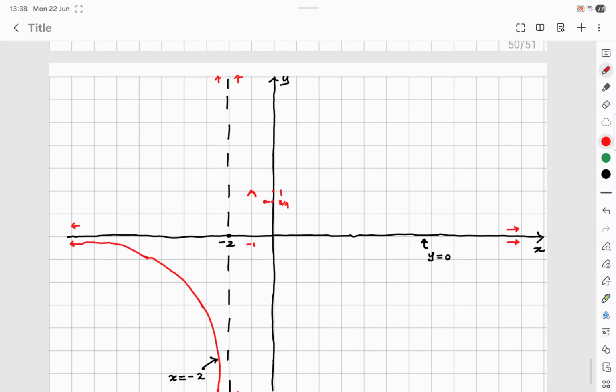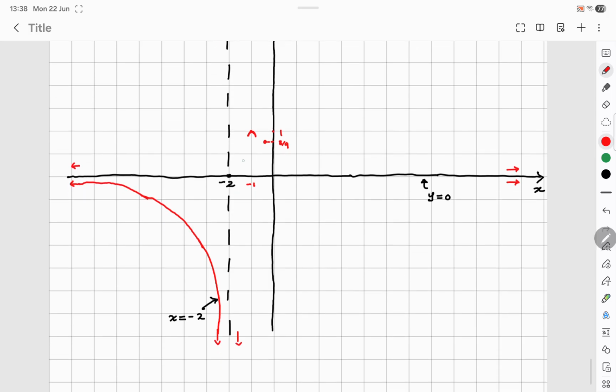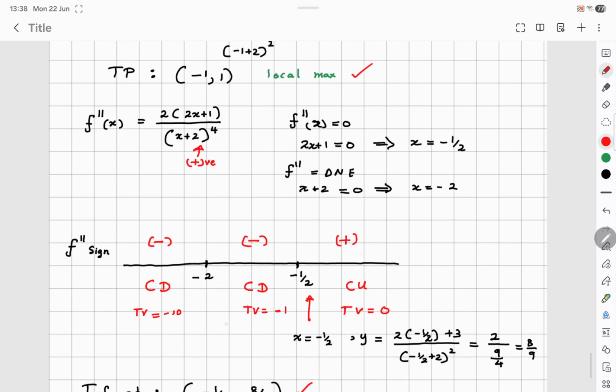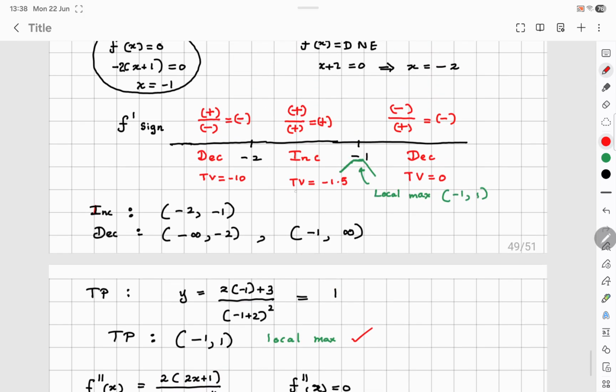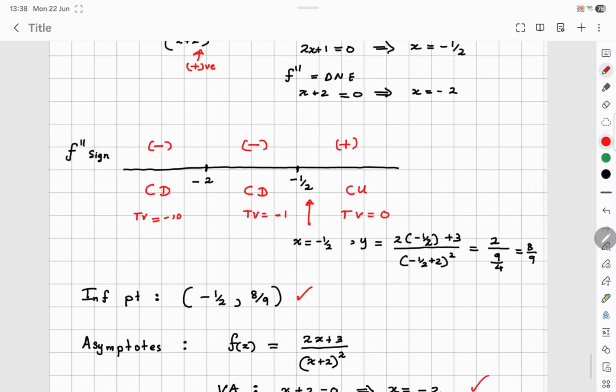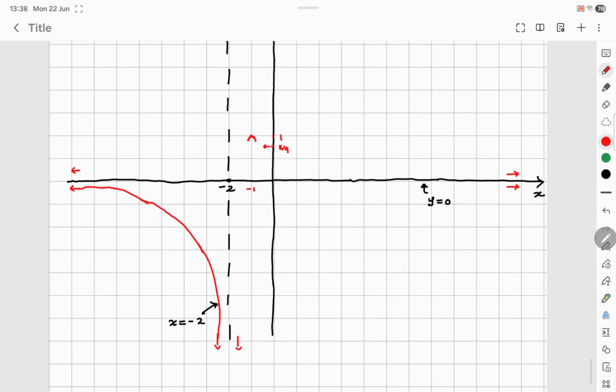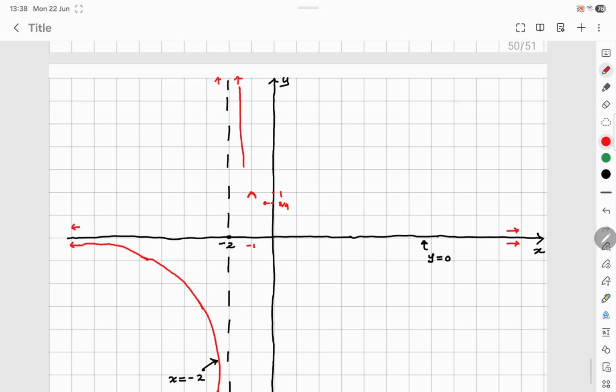Next section is going to be from minus 2 to your local maximum point, minus 2 to minus 1. So minus 2 to minus 1, what happens? It is increasing. Minus 2 to minus 1, it is increasing and concaving down. So then can I do this? No. I can't connect that arrow to the local maximum.